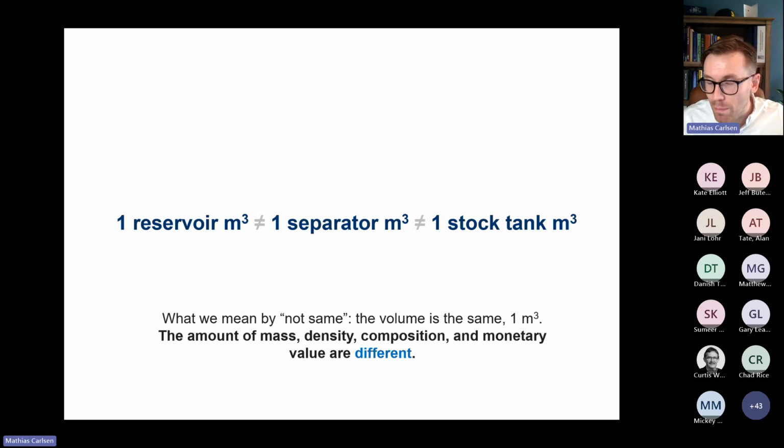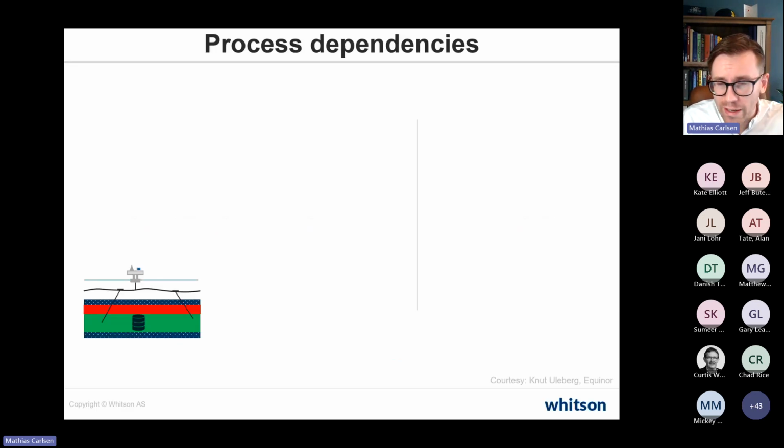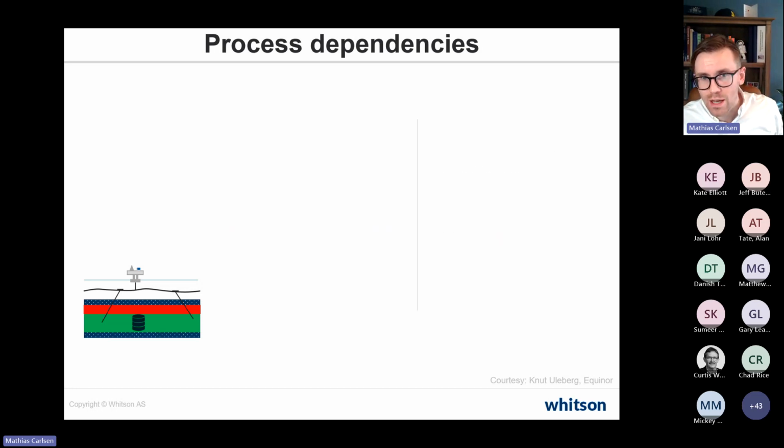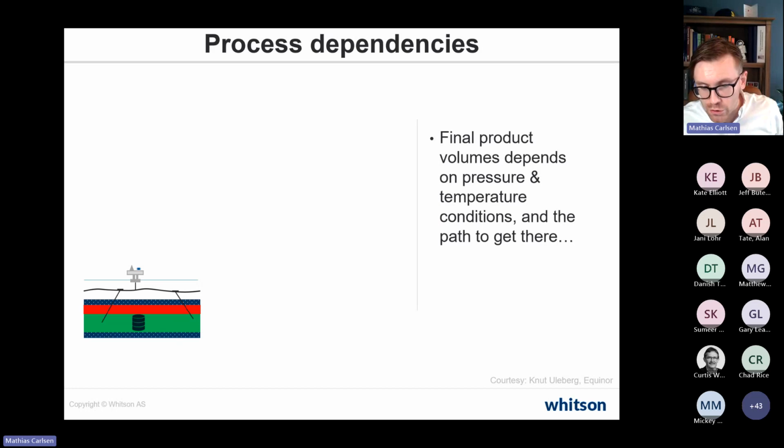The second thing that a lot of people don't realize is that these PVT properties are actually what's called process dependent. And that's where things get crazy and even more interesting. What we mean by that is, if you're dealing with an offshore field like this, but it's exactly the same for an onshore field, if I take a composition and produce it to surface, the final product volumes depend on the pressure and temperature conditions and the path to get there.